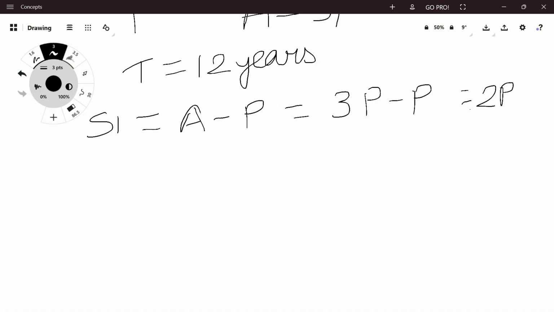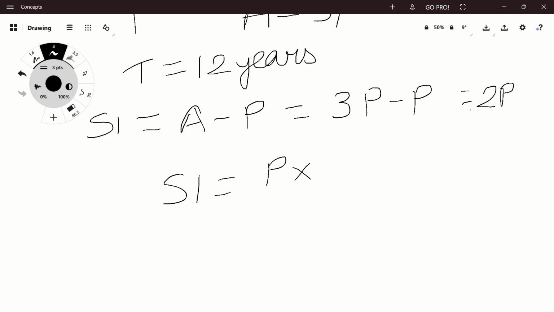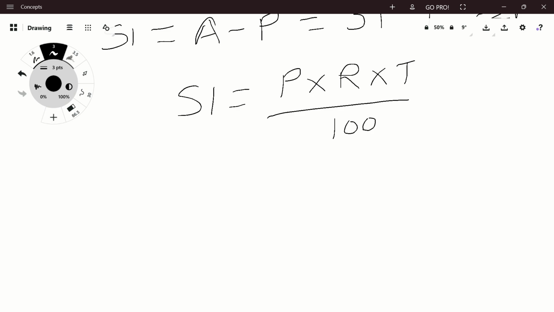Now the formula for simple interest is equal to P into R into T upon 100, where R is the rate of interest per annum.